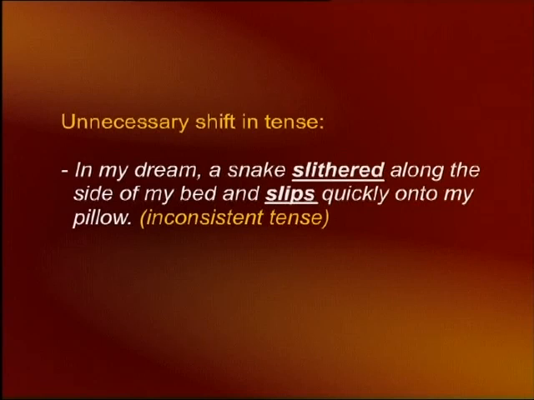In my dream, a snake slithered along the side of my bed and slips quickly onto my pillow. If you look at that sentence, there are two verbs. The first verb, slithered, is in the past tense, and the second one, slips, is in the present tense. There is no need for the writer to slip from one tense to the other. There is no need for this sudden shift from the past tense, slithered, to the present tense, slips.